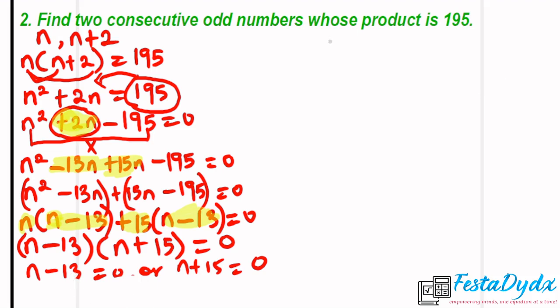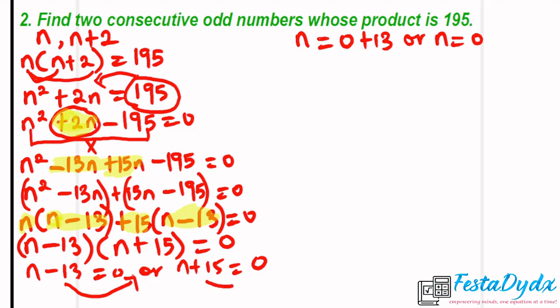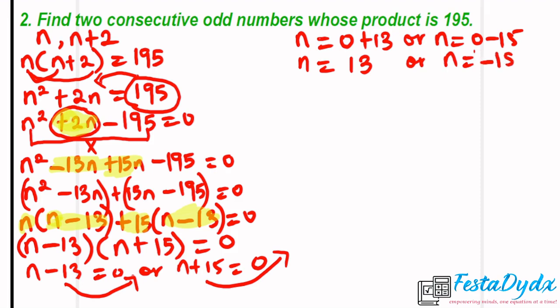So this becomes n equal to 0 plus 13, since when minus 13 crosses the equation sign, it becomes plus 13. Or for the next one, n equal to 0 minus 15, since when plus 15 crosses the equation sign, it becomes minus 15. Then n is equal to 13, or n is equal to minus 15.